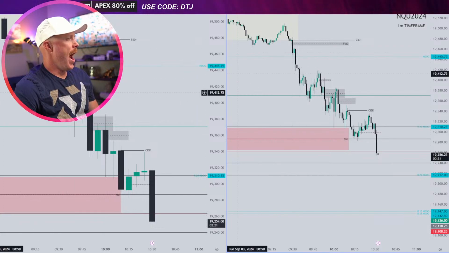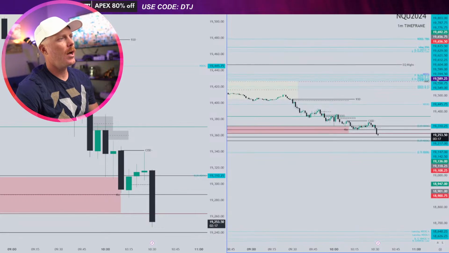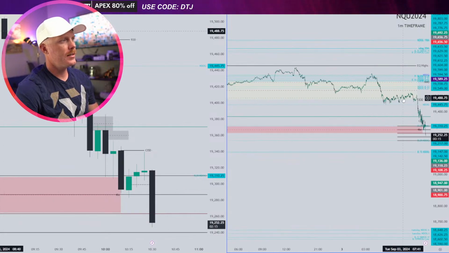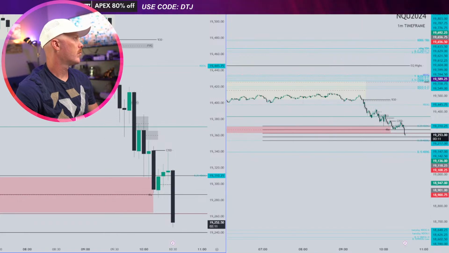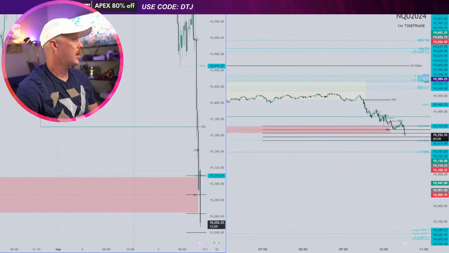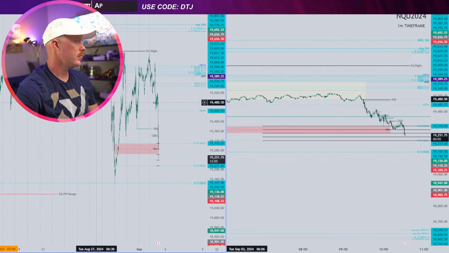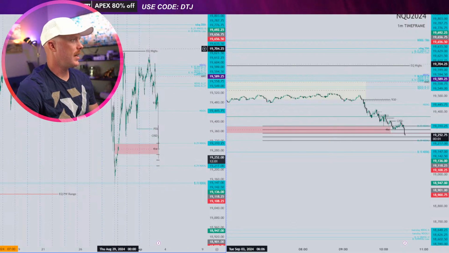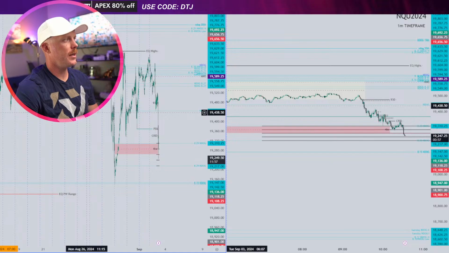It blows my mind because of how often I see equal highs ran, that these levels have stayed intact. That just does not happen. Anywhere in price, it will run those.